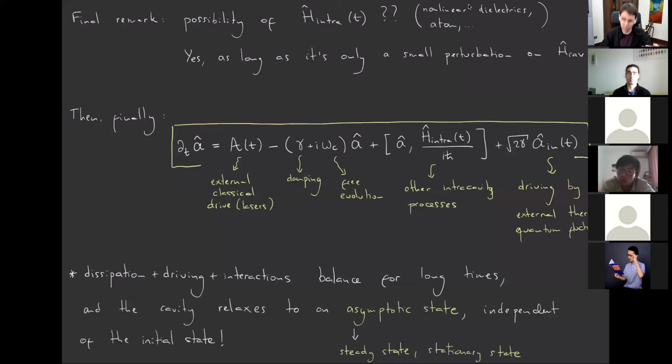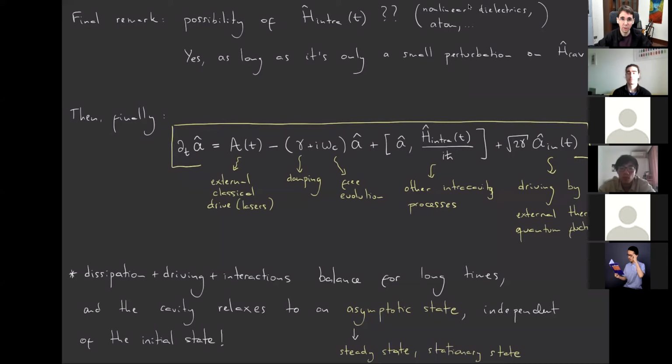The asymptotic state can still depend on time, and in the example we are going to see now, it depends on time. But it's a time dependence that we understand, typically periodic or something like this. So it's some kind of asymptotic state that is very well defined, and it's independent of the initial state. That's the most important thing.